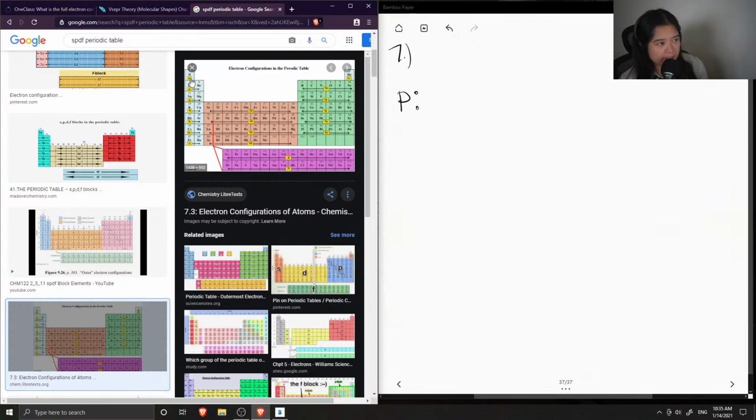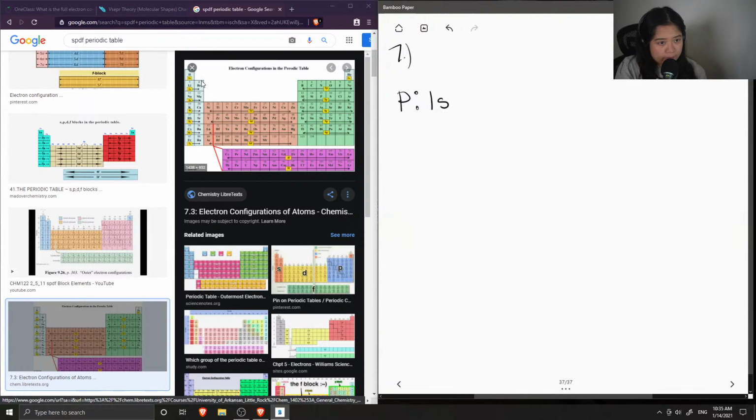Starting from hydrogen, we're going to move left to right across the periodic table, writing the row number and then the block letter. So starting from hydrogen, we write 1s and then 2, which signifies that there are 2 electrons in this orbital. And then moving down to the next row is 2s2.